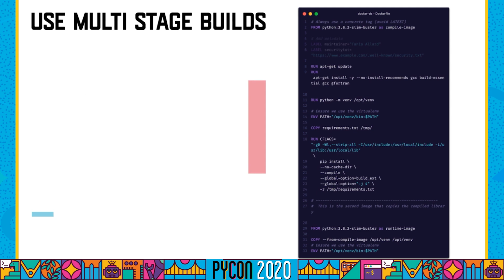In this Docker file that I have as an example, we're starting our image from Python 3.8.2. And we're calling it compile image because that's where we're actually doing some system updates, installing our compilers, creating a virtual environment, and compiling our dependencies.